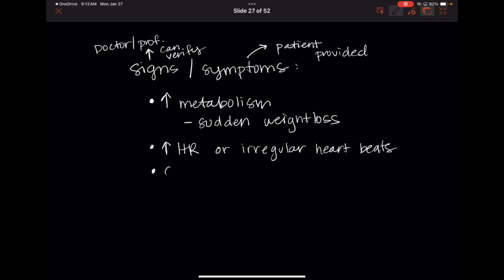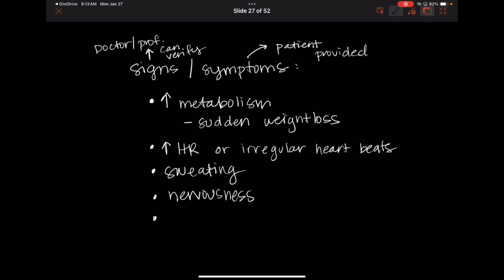They may experience sweating, which heart rate and sweating would be a sign. A doctor would be able to see if they're sweating just sitting there. Nervousness, this would be a symptom.